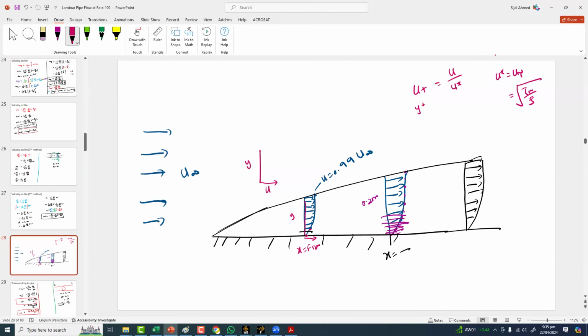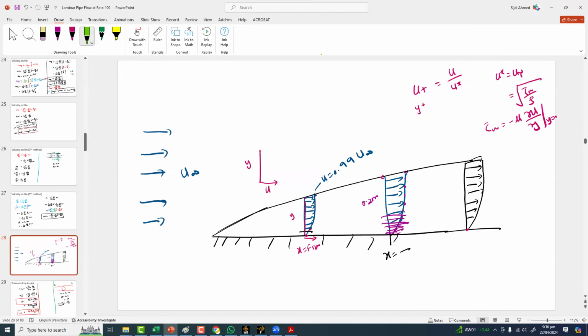Locally on the wall we have the wall shear stress, and wall shear stress is nothing but minus mu times the partial derivative of velocity with respect to y at y equal to 0. At this point y is 0. So for all profiles y is 0 at the wall, but the second location of y is varying for each profile. So now the wall shear stress is nothing but a velocity gradient, a simple thing.